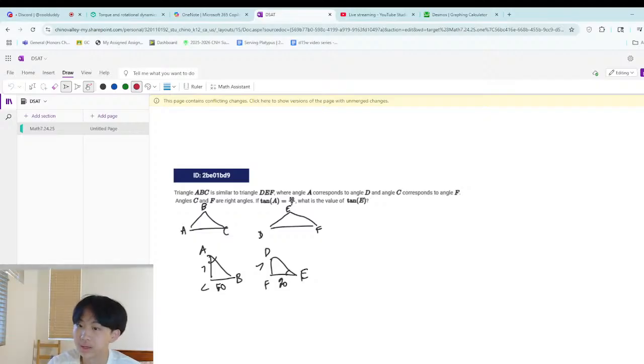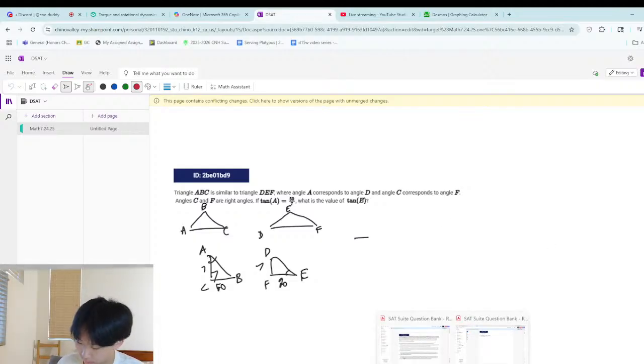We're going to end up with that 50 over 7. So the answer here is just 7 over 50, because opposite is 7 over adjacent is 50. So the answer is 7 over 50. Let me just check this for y'all.